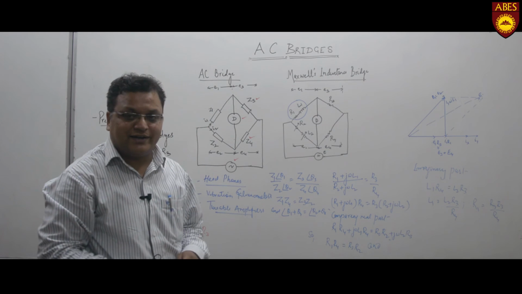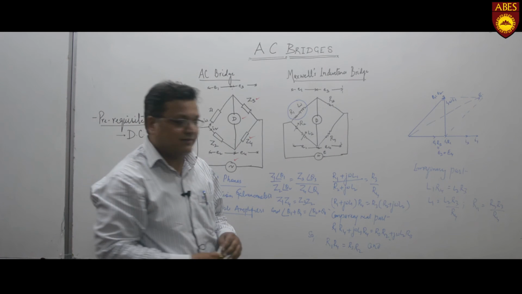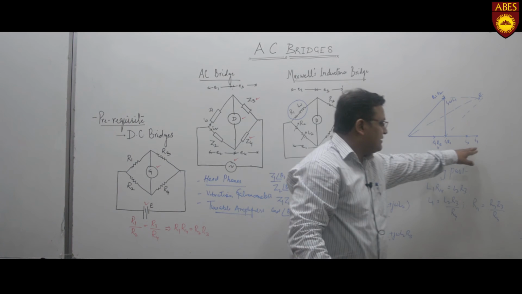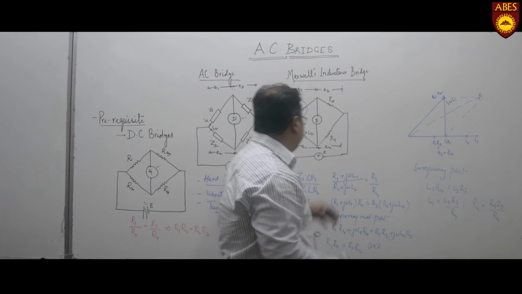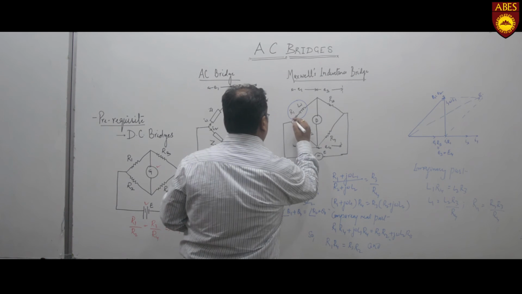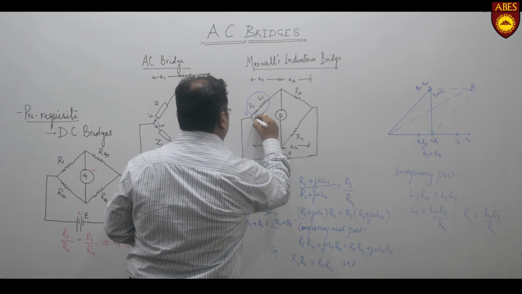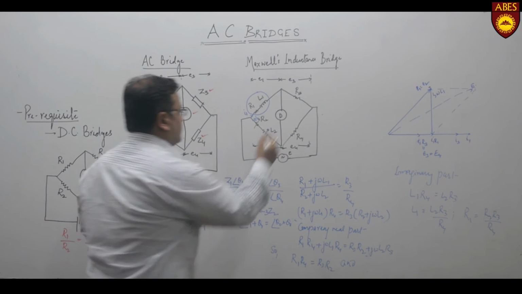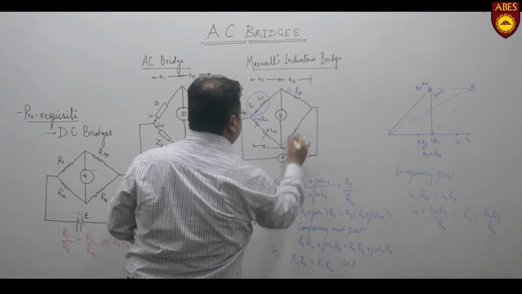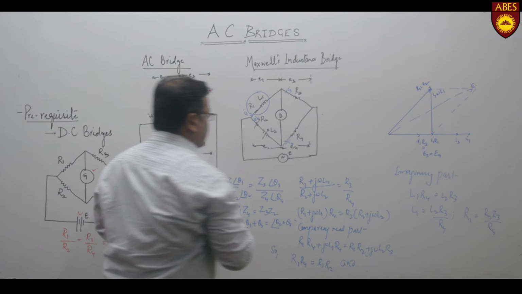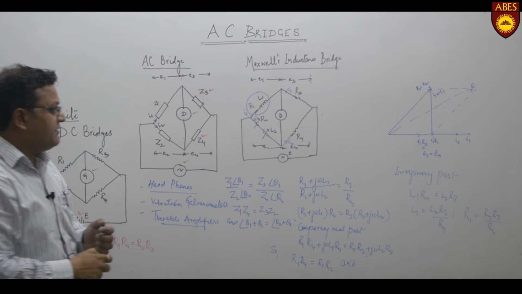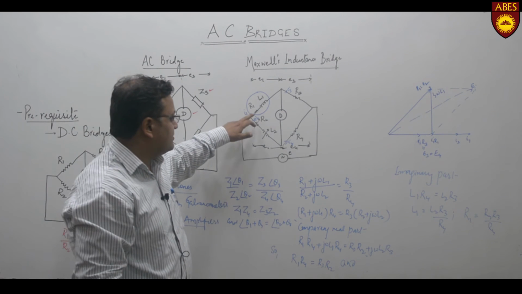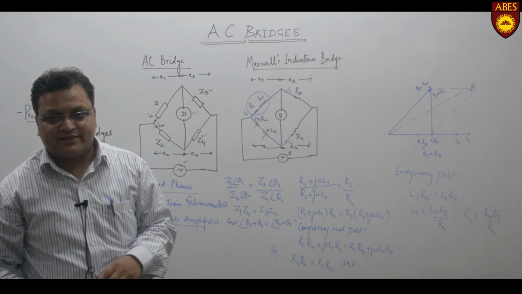This can further be denoted in the form of a phasor representation. We can take I1 as the reference phasor, because I1 is the current flowing in this branch and I2 is the current here. So I1 is the current flowing in branch 1, and I1 is the reference phasor.